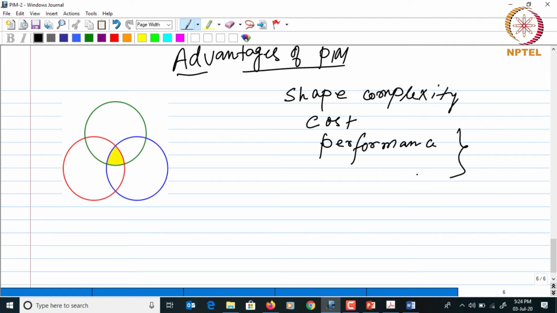So these three parameters can be represented by a Venn diagram like this, where these three circles represent each of these. Let's say this one is the shape complexity, the next one is cost, and the other one is performance.